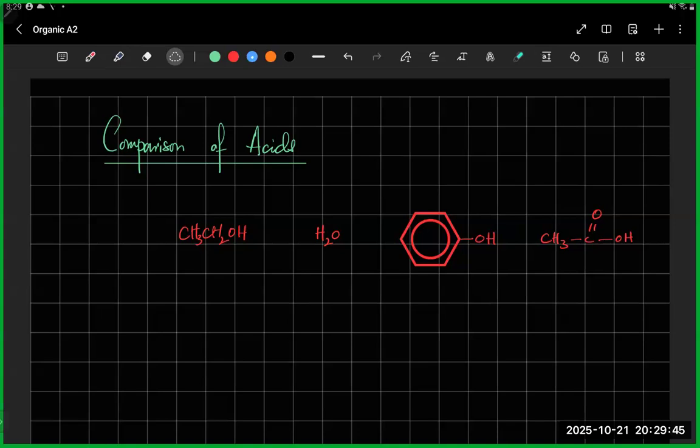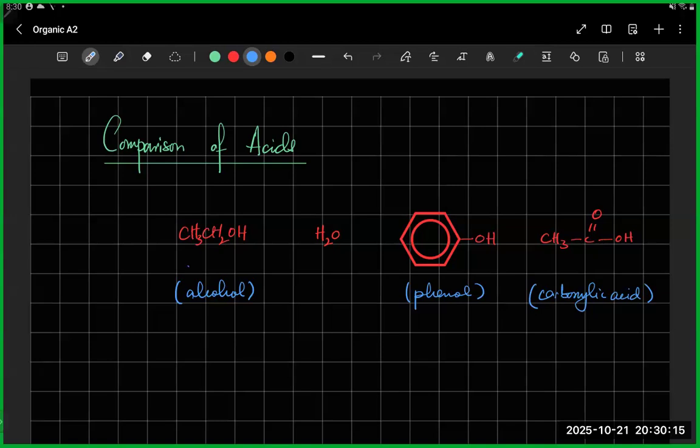So, लिख भी देते हैं नाम नीचे. This is alcohols. This is phenol. And this one is a carboxylic acid. Okay, so you've got three different categories of compounds. Water is for reference.